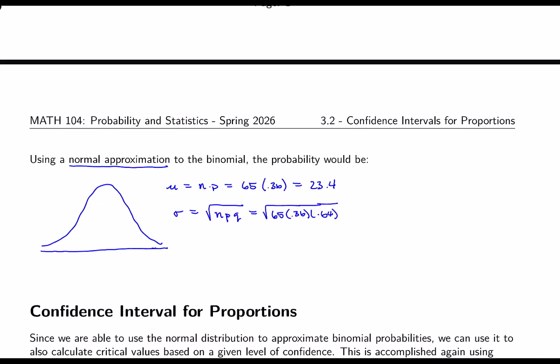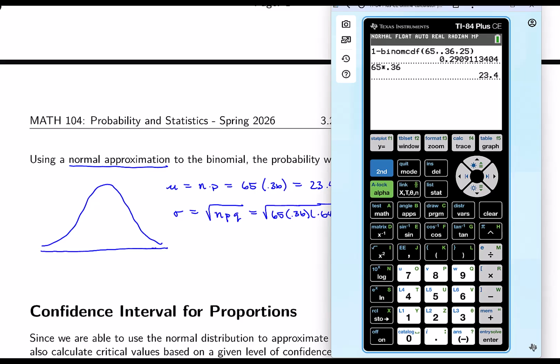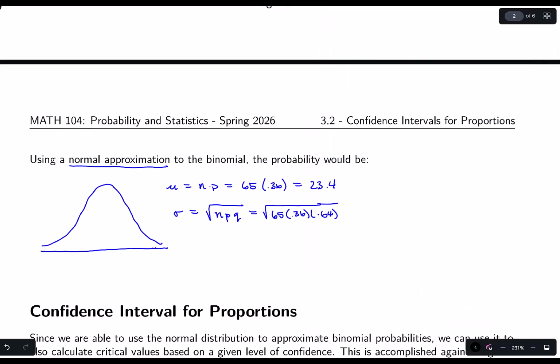And if we put that into the calculator, let's see, the square root of 65 times 0.36 times 0.64, we get 3.87. Okay, so now we have a mean and a standard deviation to work with.